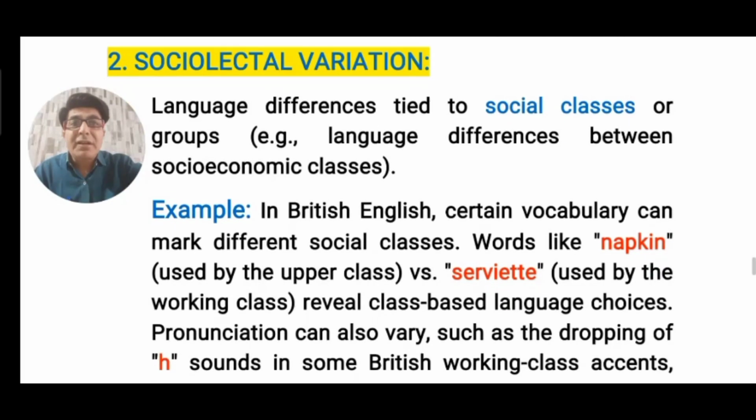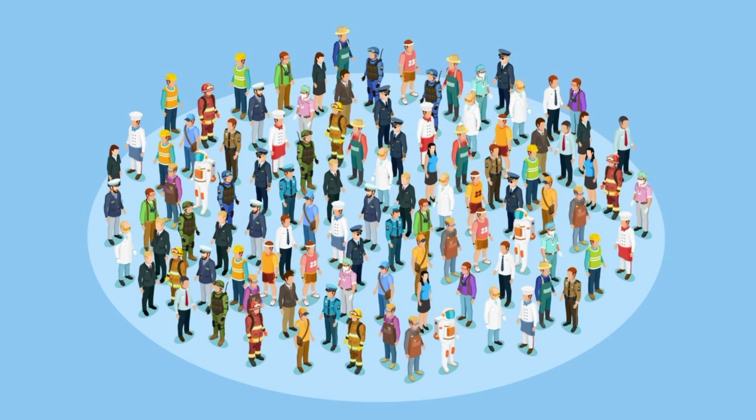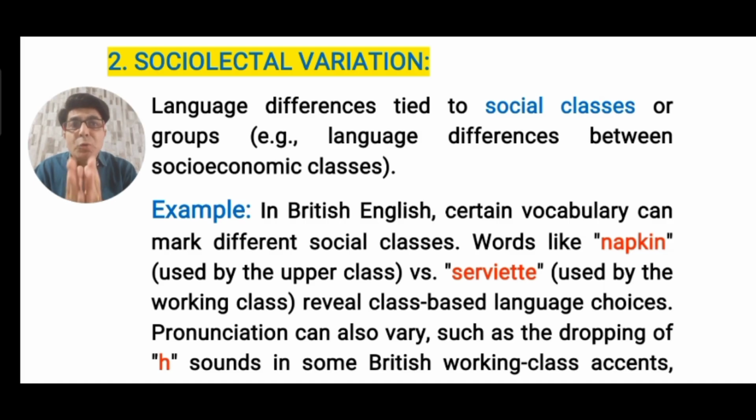The second important variation is sociolinguistic variation. These are language differences found in different social classes. For example, in British English, some vocabulary can mark different social classes. The word napkin is used by upper class people, but lower class people use the word serviette.